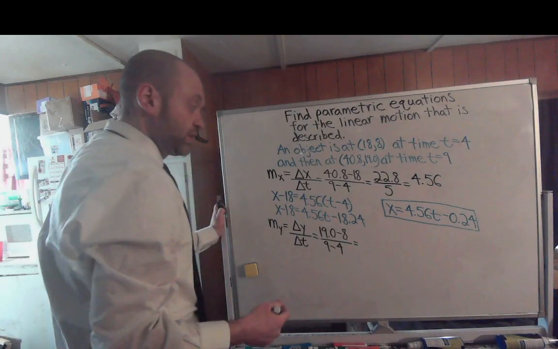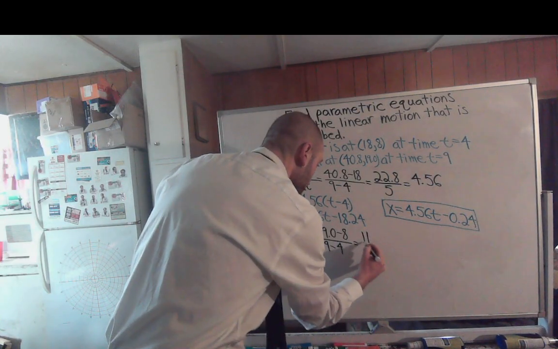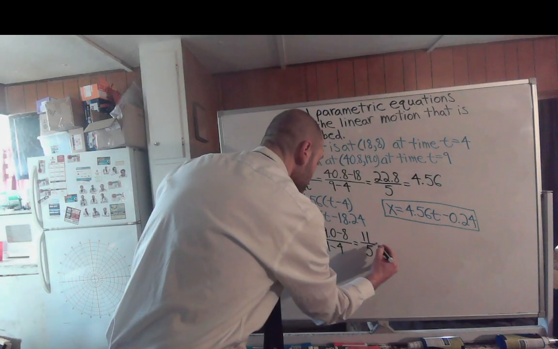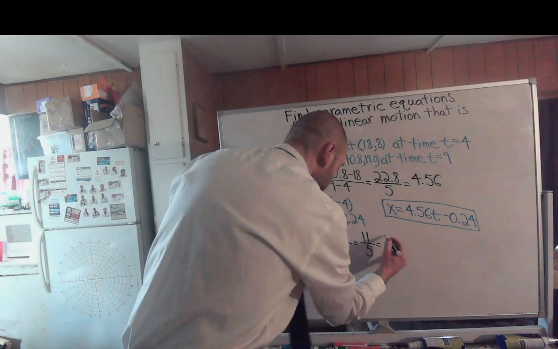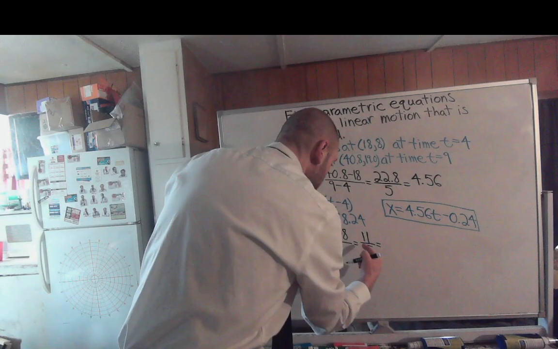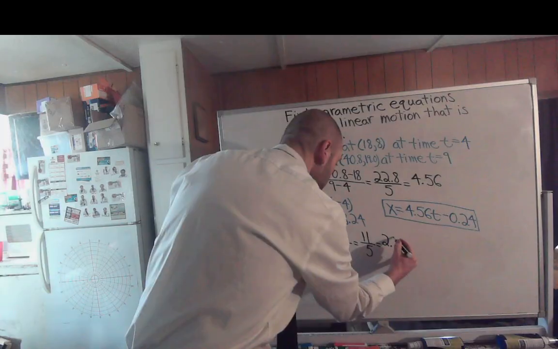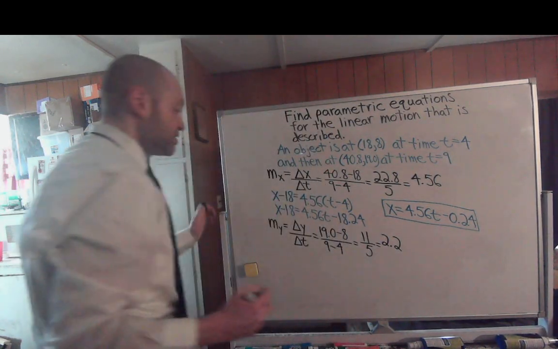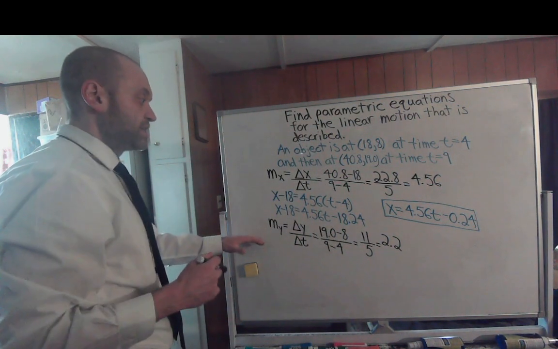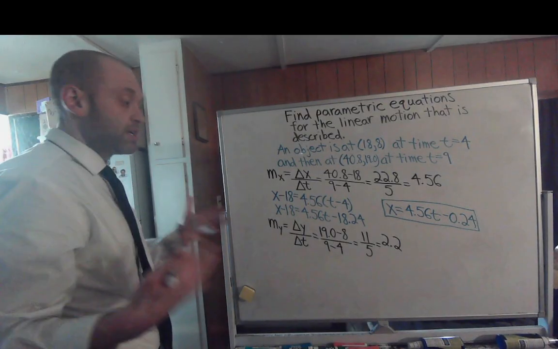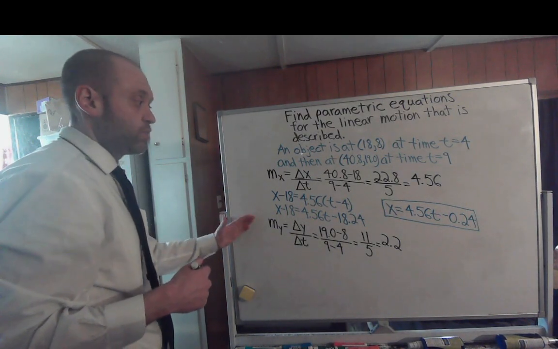So this is literally just going to give me 11 over 5, which we know is 2 1/5, so that'd be 2.2. So the slope of my y line is 2.2, so now I can go ahead and find my parametric equation for y.